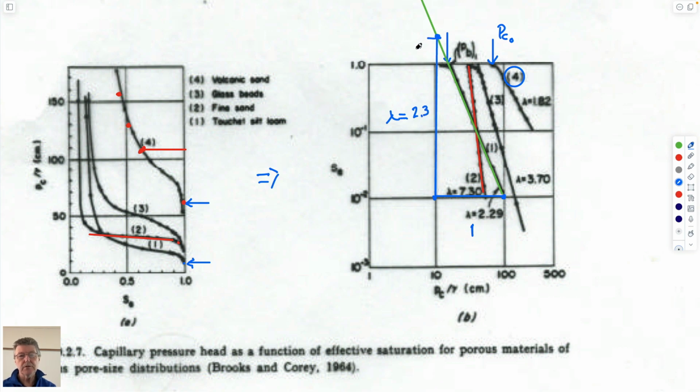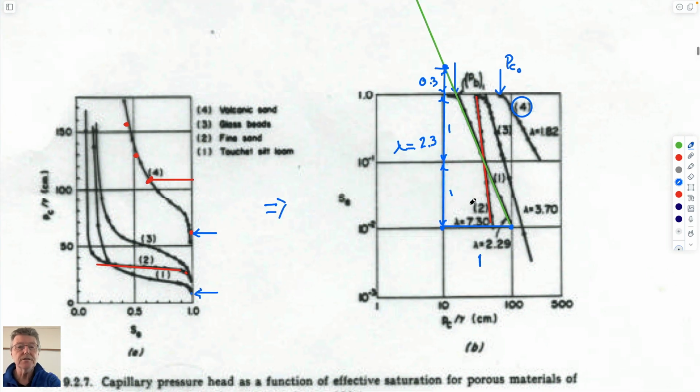Is this 0.3 of a cycle? This is 1, and this would be 1, obviously. So that's how you measure it. So you're measuring them off in log cycles. And so that gives us your equation.